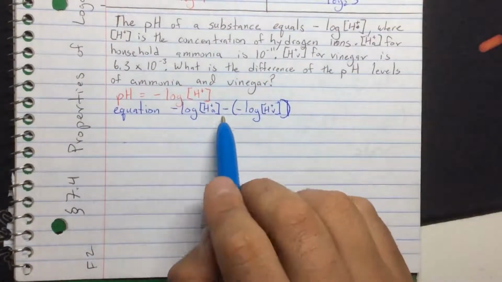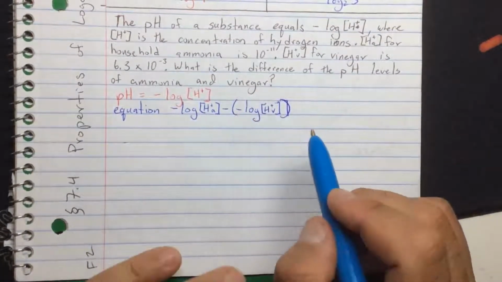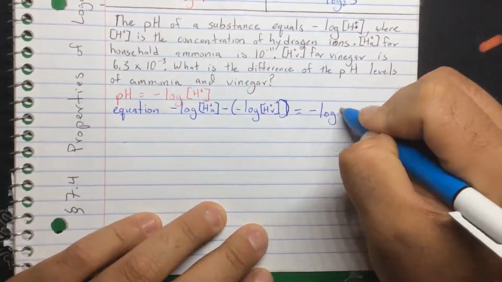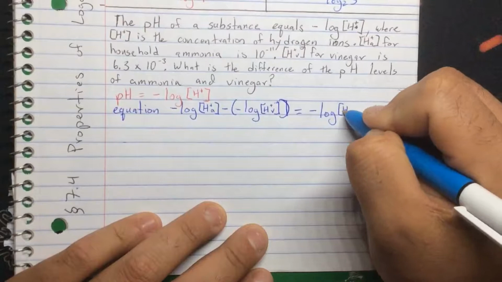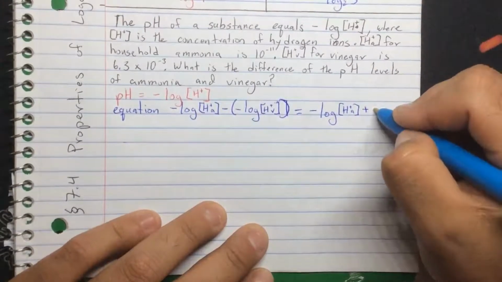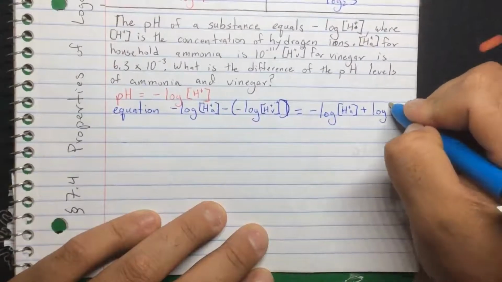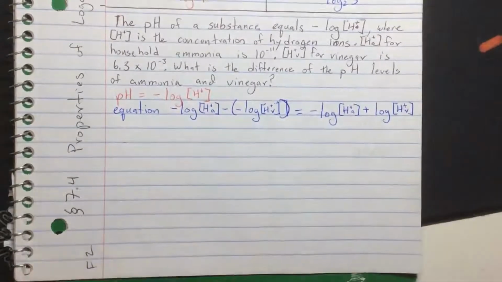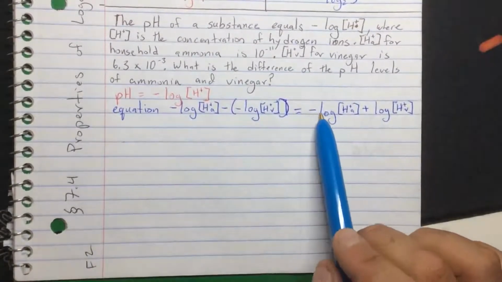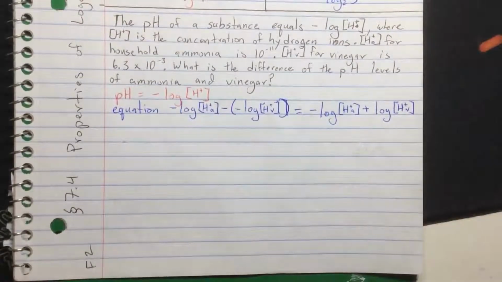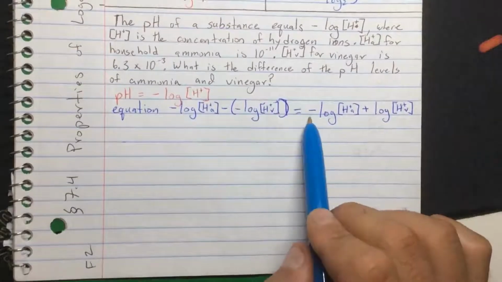But negative times a negative is a positive, so we can rewrite this as negative log of H plus A plus log of H plus vinegar. But we don't really know what to do with this, right? Because this doesn't really compute with our powers or our quotient rule or anything.